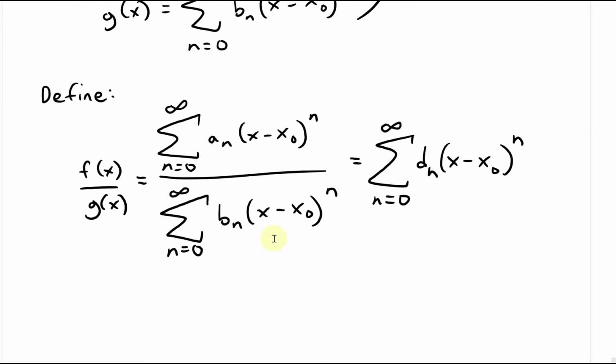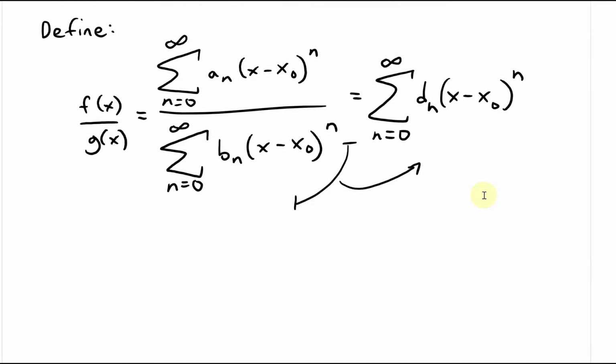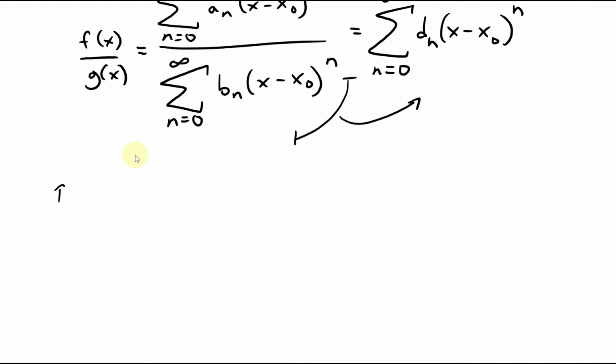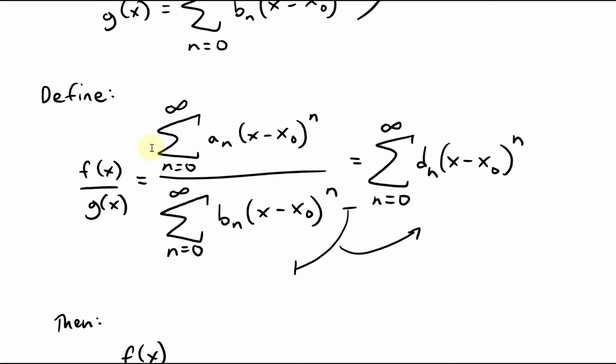So now if we define it like this, we should be able to just move this over to that side. In other words, we're going to multiply this out over to this side. This is the same as multiplying g of x out on both sides, so g of x cancels on this side and goes over to here.